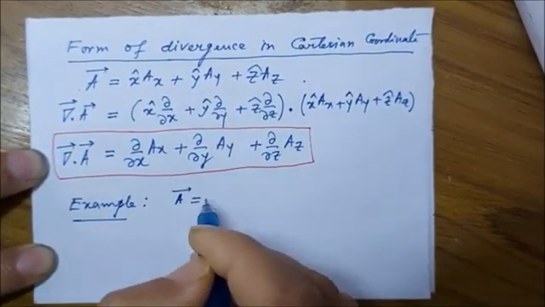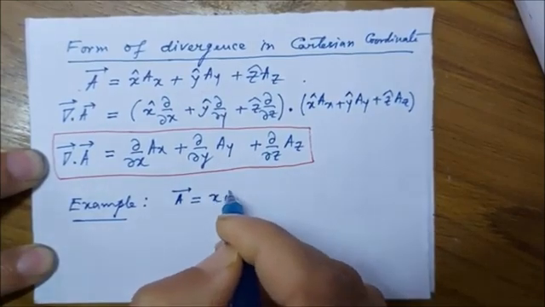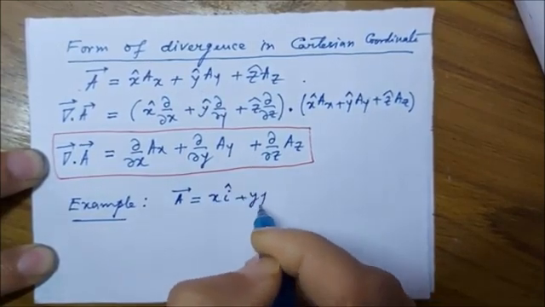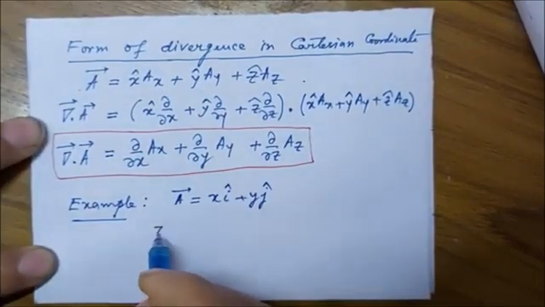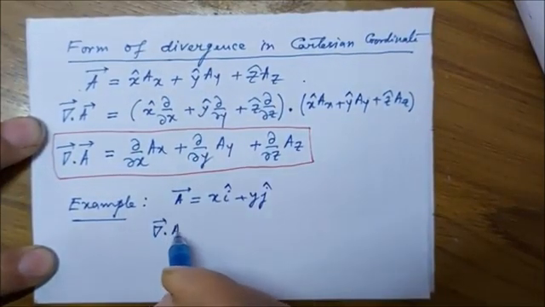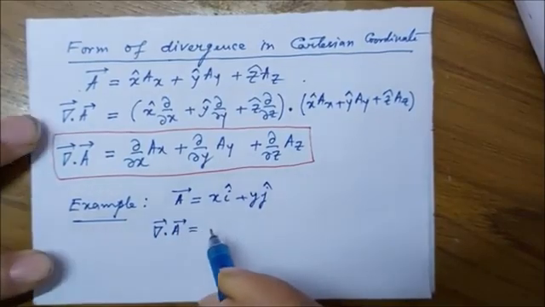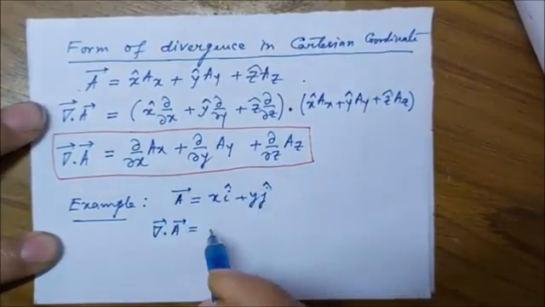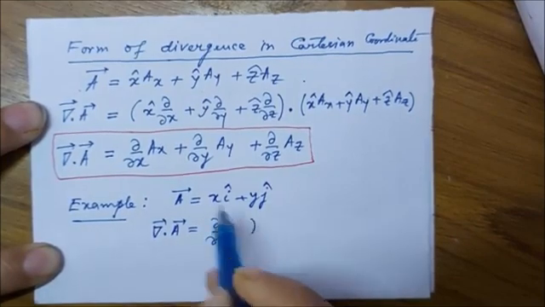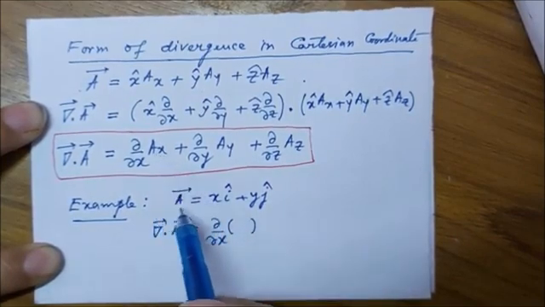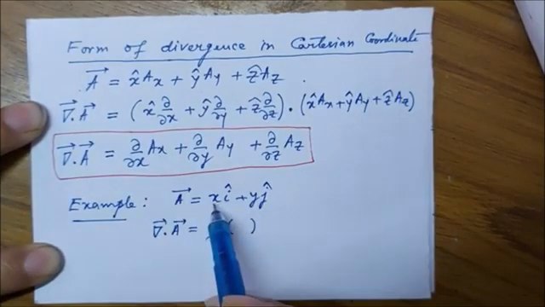Suppose vector A is... what will be the divergence of this vector? We have the formula over here. Del/del x of the x component, and in this case the x component is x.